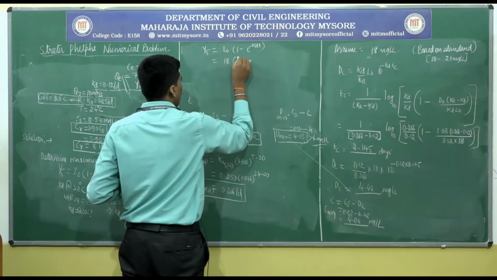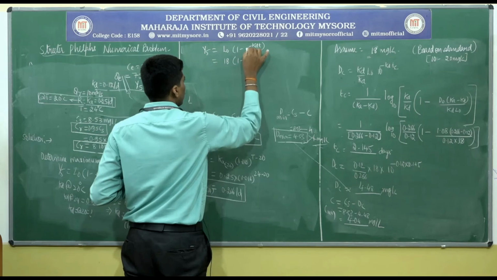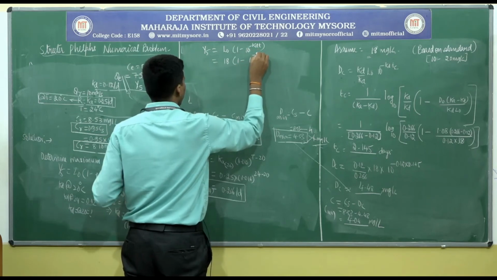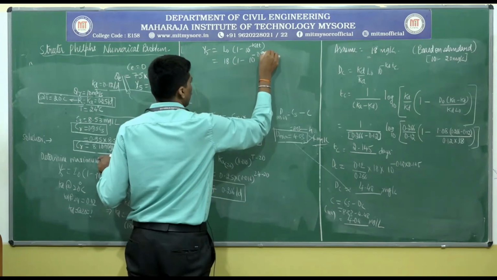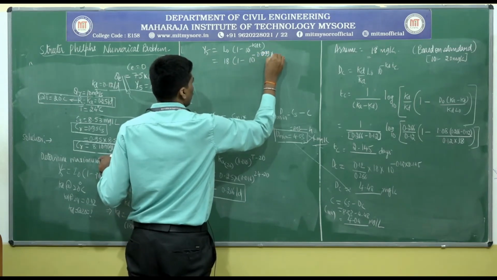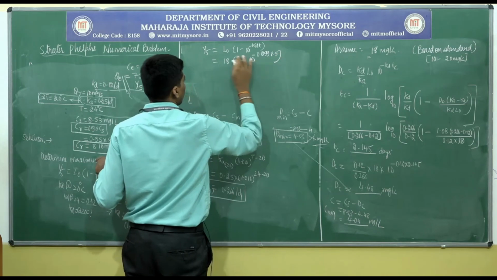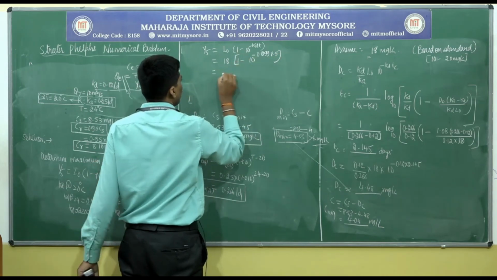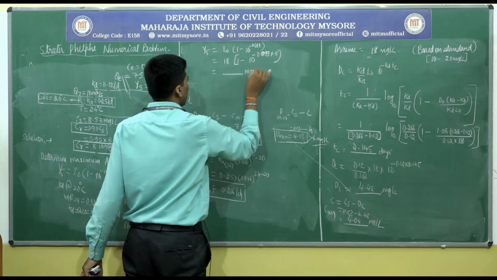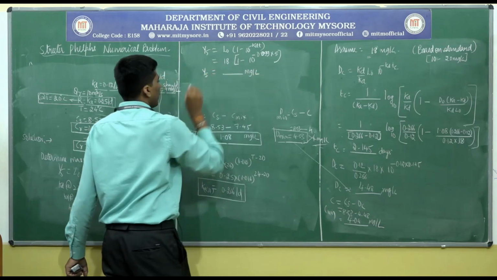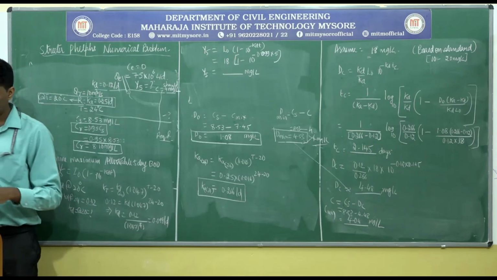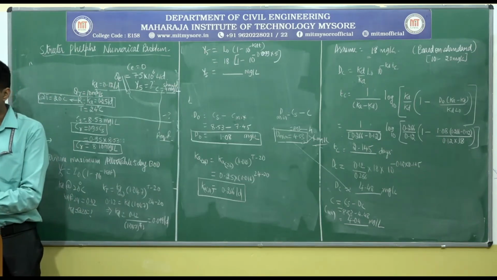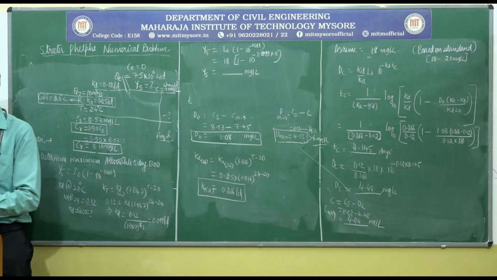L0 is 18 into 1 minus 10 raised to minus, the value of KD is 0.099, into t, which is 5 here. Now you are going to get it in terms of mg per liter, that is Y_t, and after that you need to determine the maximum allowable concentration for the BOD.